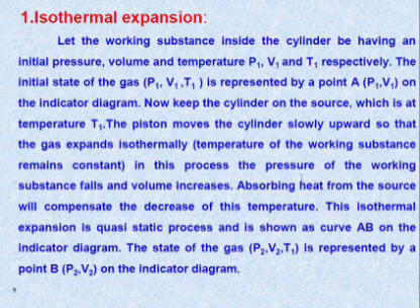In this process, the pressure of the working substance falls and volume increases. Absorbing heat from the source will compensate the decrease of the temperature. This isothermal expansion is a quasi-static process and is shown as curve AB on the indicator diagram. The state of the gas P2, V2, T1 is represented by a point B, P2, V2 on the diagram.